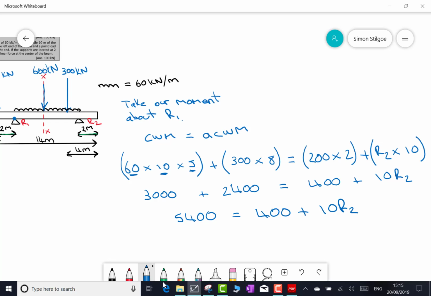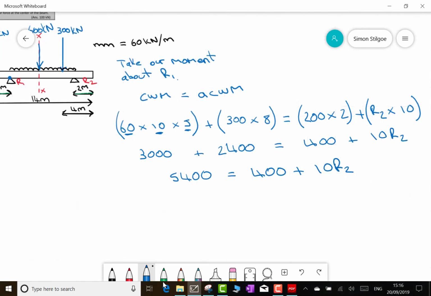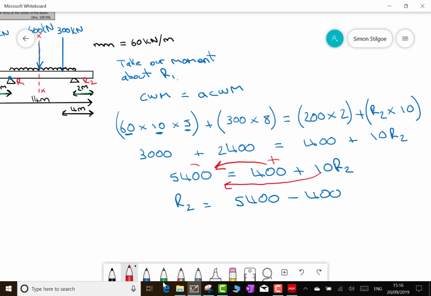We can now go ahead and transpose this to finally get it. So that means R2 is going to be equal to the 5,400 minus the 400 by taking my 400 over this side. Remember, it's plus over here, so it's negative over here. And then the last one we've got to do is we've got to take that 10 over as well.